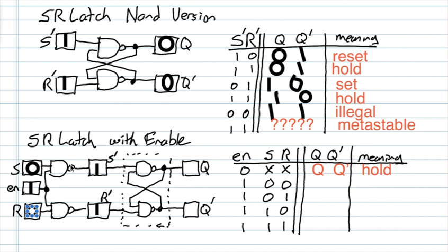For just an AND, if you were to block out that for a sec, 1 and S is going to give you S. Negated will give you S prime. So essentially, when this becomes a 1, this is just an inverter for S. Same thing is going to happen for R because it's an identical circuit, just with a different input name. So essentially, whatever's here is going to flip, which is what we see with the 0 to a 1. So if we put in a 0, 0, it becomes S prime 1, R prime 1, which does another hold.